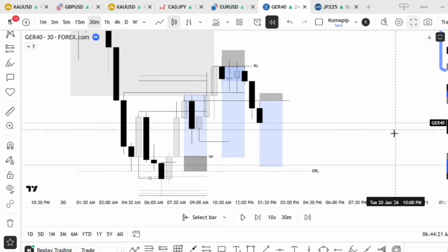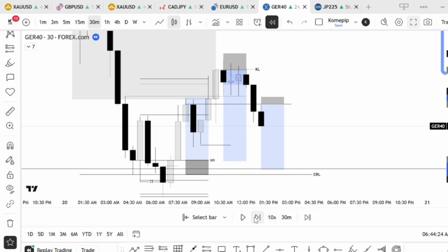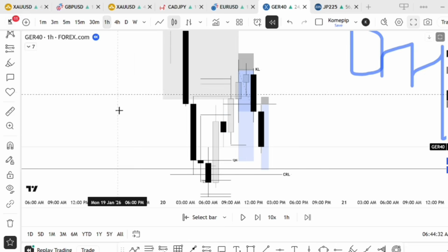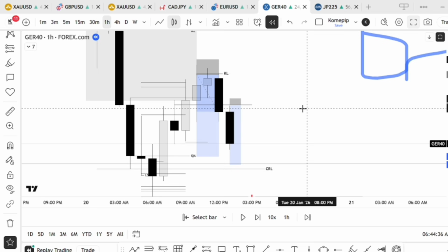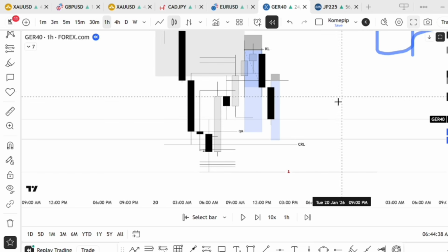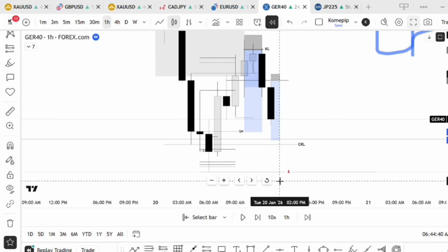Okay, so if I enter here like this, we also have to check the higher time frames. Very important, because you don't want to just enter blindly. You also want to see what price is doing. But remember, we have an overall draw on liquidity right there.